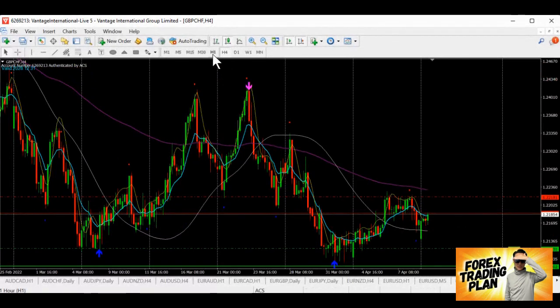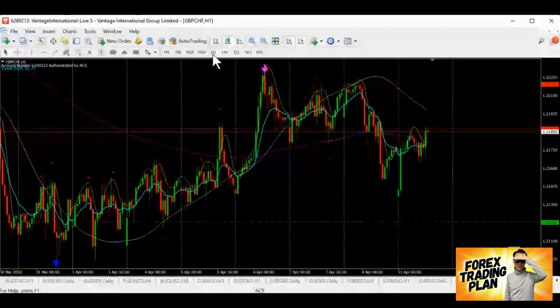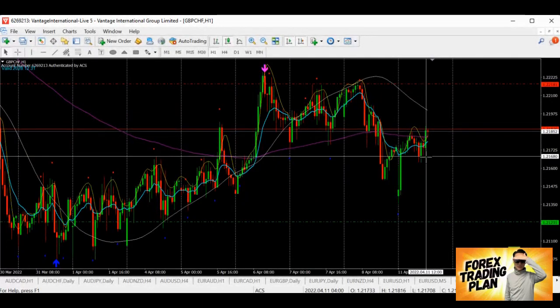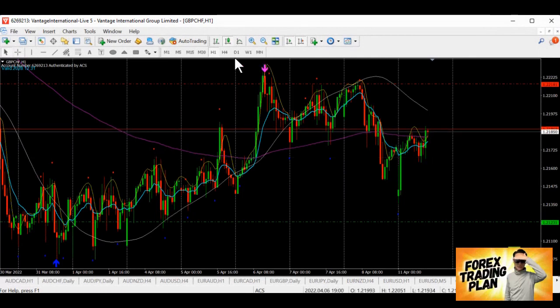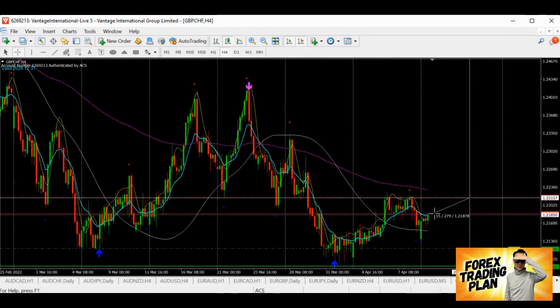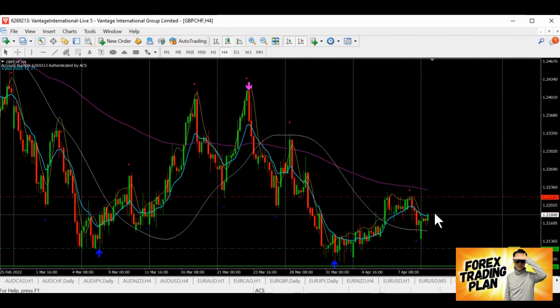So buyers can take note of this pound franc. Although it has already started the run, the resistance is still quite a distance away, about 27 pips to go. So guys, pound franc for buyers, but not for sellers.